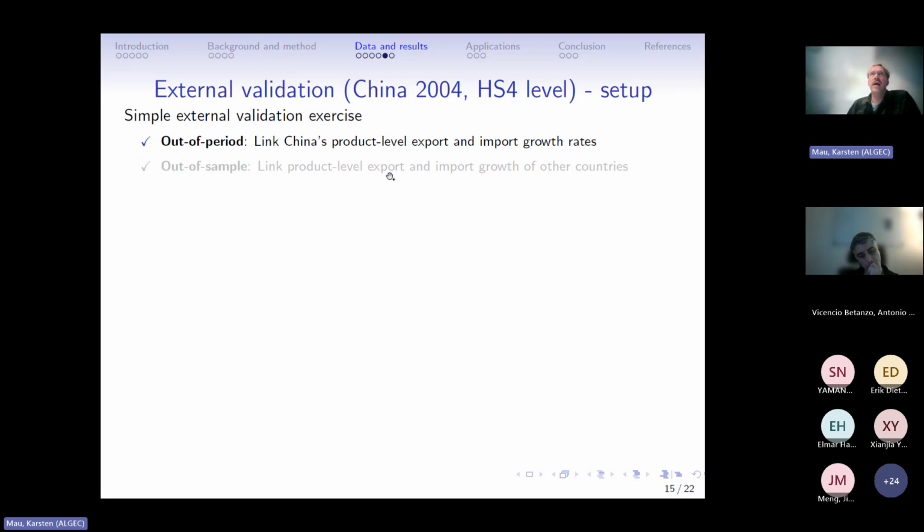These are usually very noisy, because in export and import of products there's a lot of volatility from year to year.